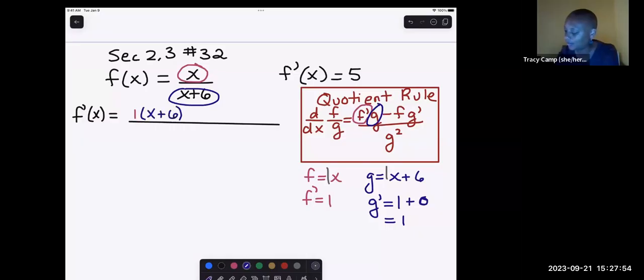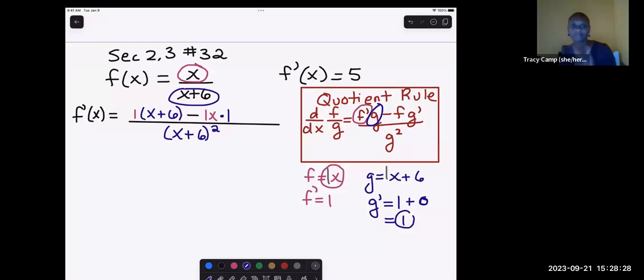Then minus, there's a minus in the rule, and then we have f, which is 1x, times my g prime, which was just a 1. And this is over my denominator squared, x plus 6 squared.